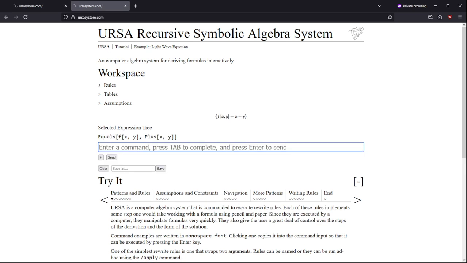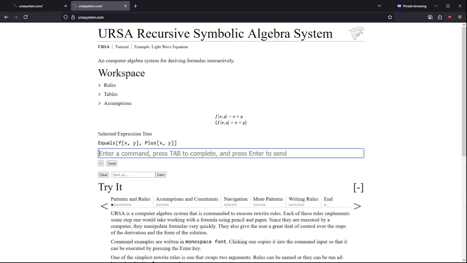if I had a function, say f of x and y equals x plus y, that's all very nice. I can take partial derivatives, partial f partial x or partial f partial y. But what if I had some other variable like z equals 2x plus 3y?